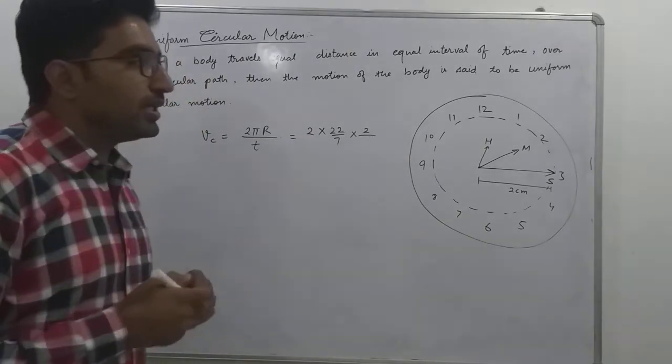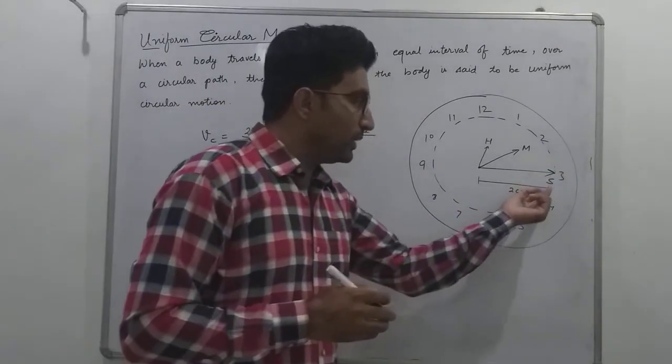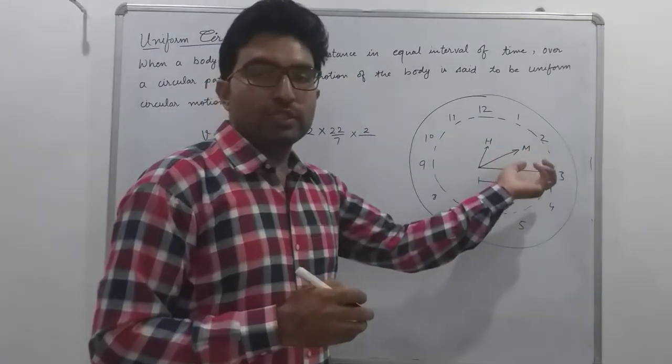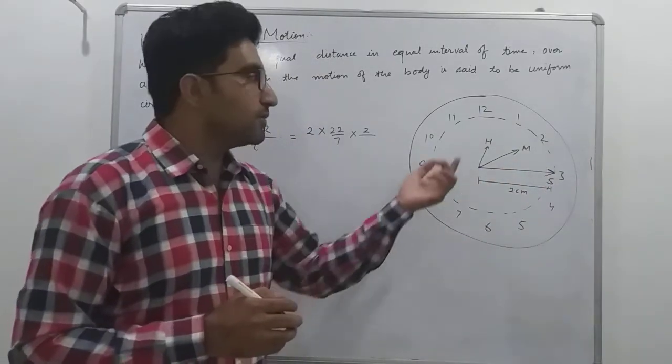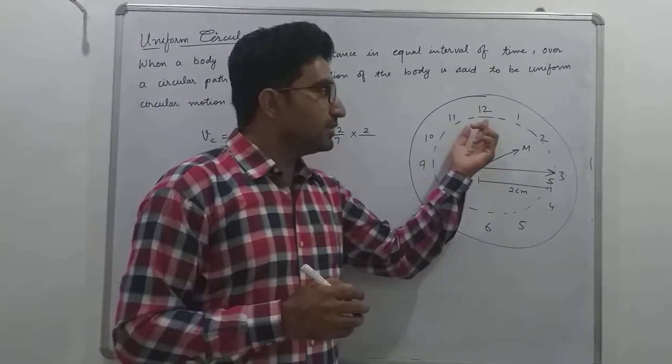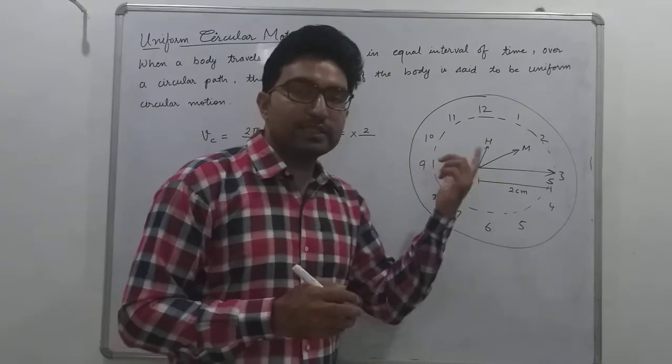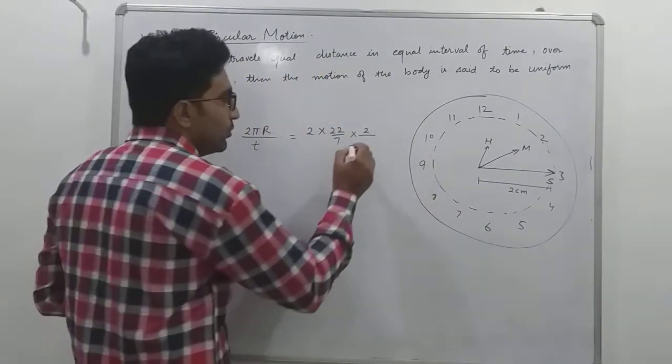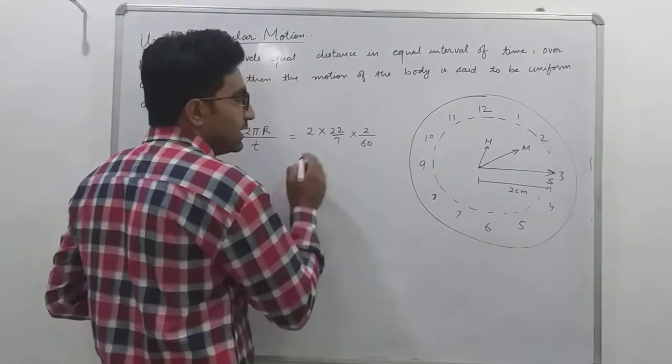Here the time taken by the seconds hand to complete one circular motion is 60 seconds, because the seconds hand completes one revolution in 60 seconds. Then you will put here time as 60 seconds.